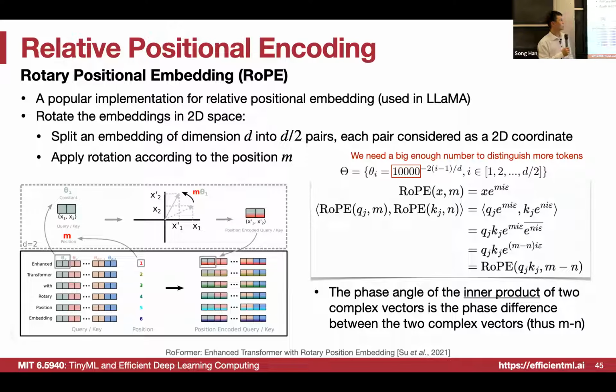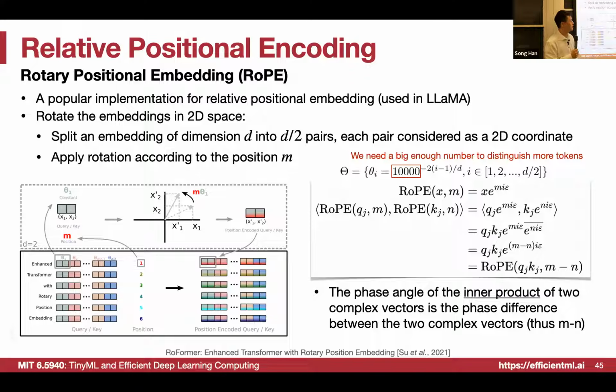Every 2 elements are together, forming a 2D coordinate x1, x2. And we multiply m, which is the position, by a constant theta to rotate by m theta. So the larger the m, the more you are going to rotate.